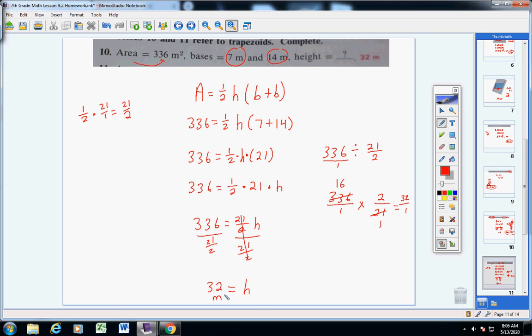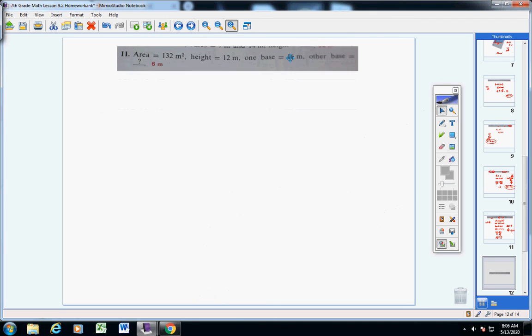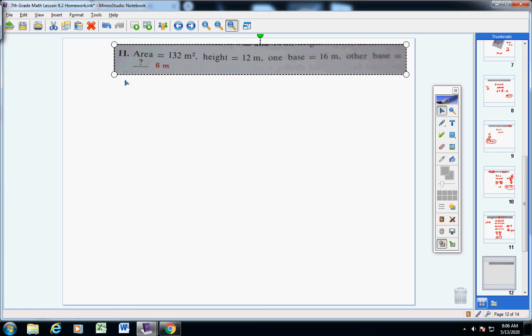Now, I'm not going to put squared because I'm looking for the height, but the height of this trapezoid is 32. Go back and watch this again if you need to, guys, okay? Alright, moving on. Now, this next one is going to be even tougher, okay? Number 11. And here we go.